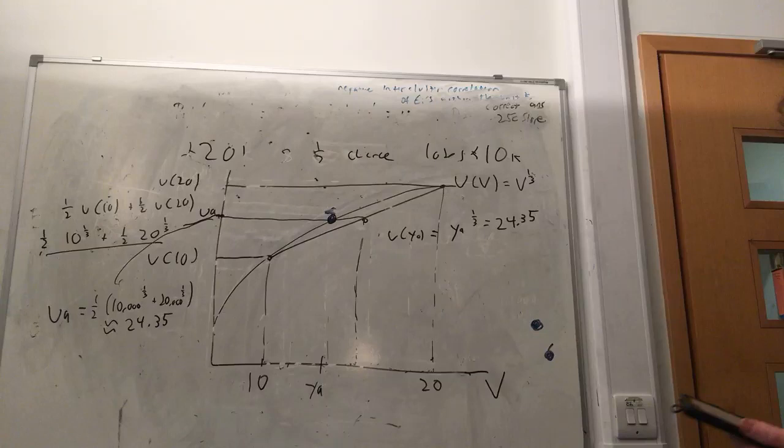So YA to the 1/3 cubed is just YA. So that's equal to basically 24.35 cubed, or let's use the full thing here to be precise, 1/2 times 10,000 to the 1/3 plus 20,000 to the 1/3, all taken to the power of 3.